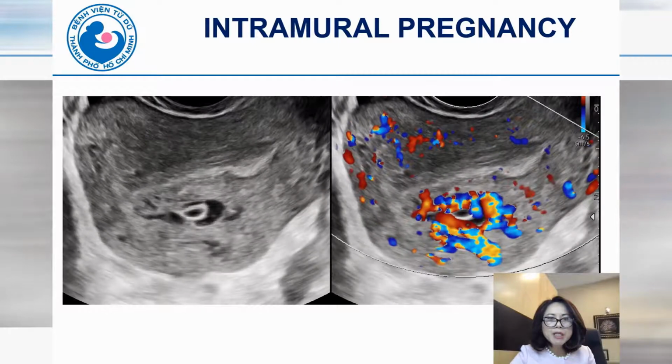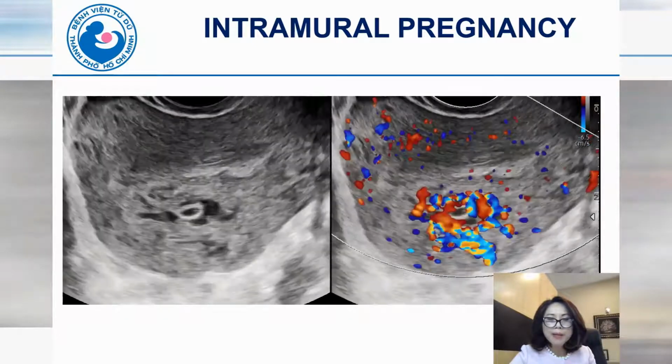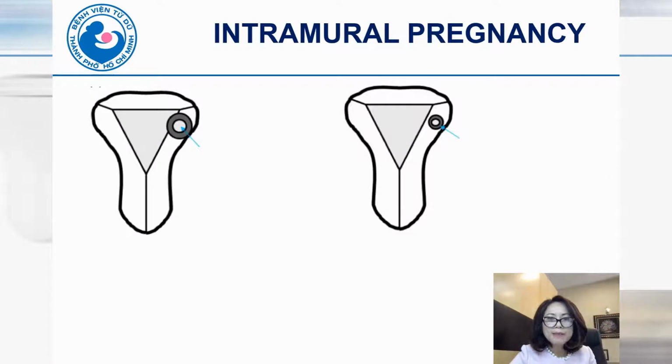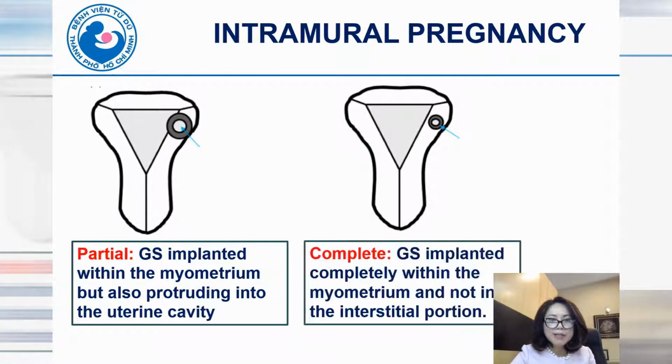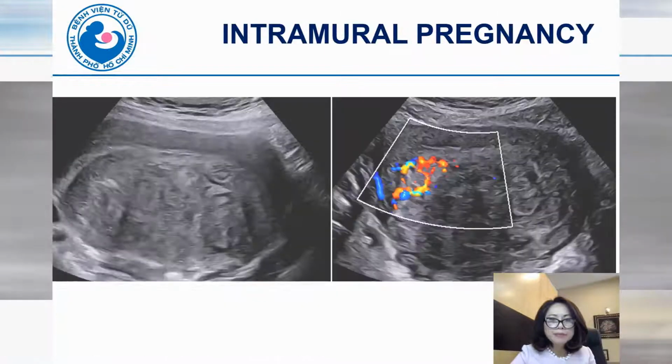So this is an intramural pregnancy. And like other uterine ectopic pregnancies, intramural pregnancy is also divided into partial or complete. For partial, the GS is implanted within the myometrium but also protrudes into the uterine cavity. For the complete form, the GS is implanted completely within the myometrium and not in the interstitial portion.